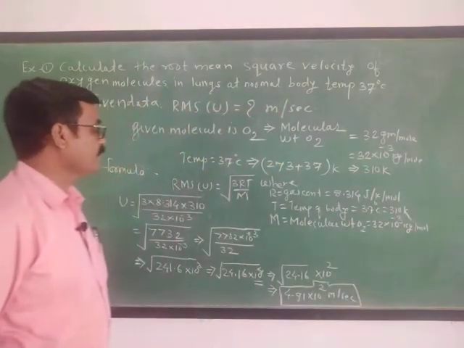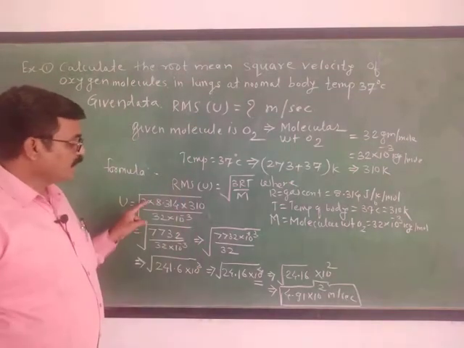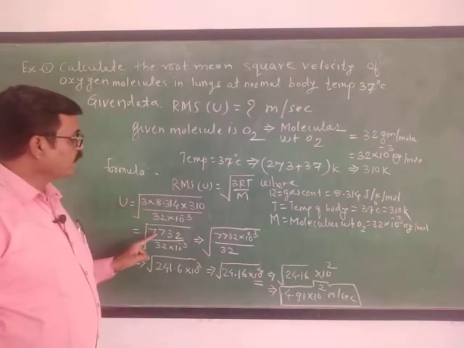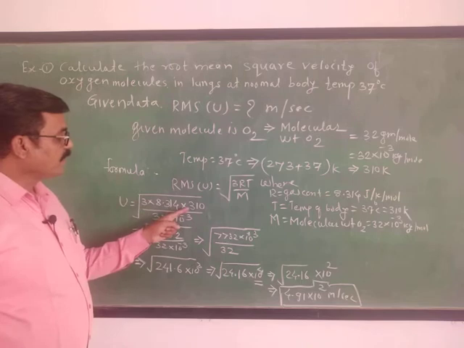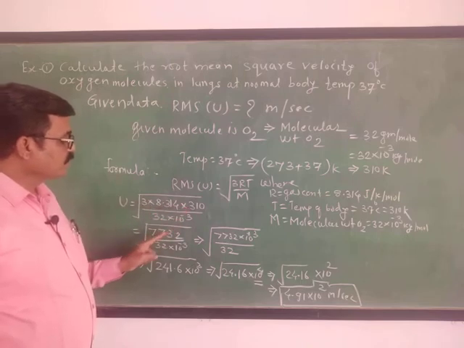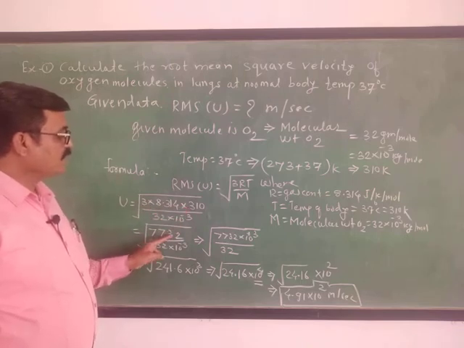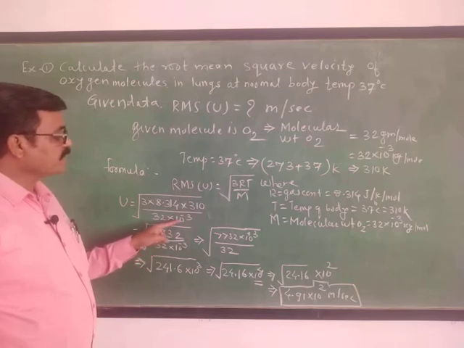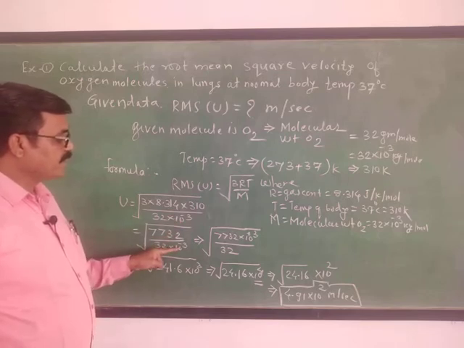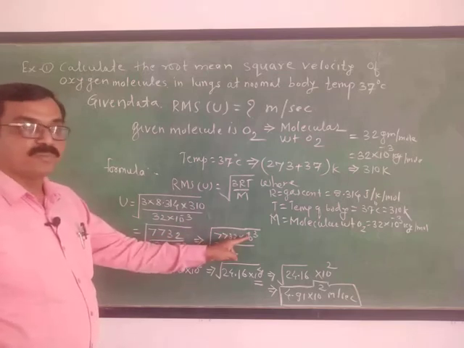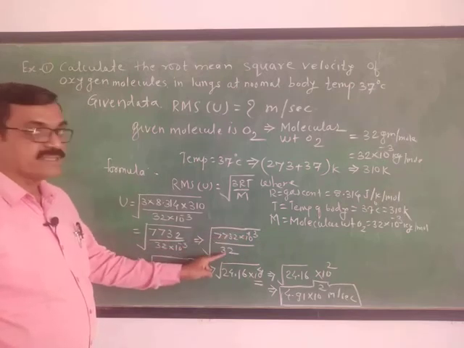Now after this, putting in all these values, these are the calculations. These 3 multiplied together give the value 7732. The 10 raised to power minus 3 is in the denominator; when it comes to the numerator, it will be positive, and the remaining 32 is as it is.